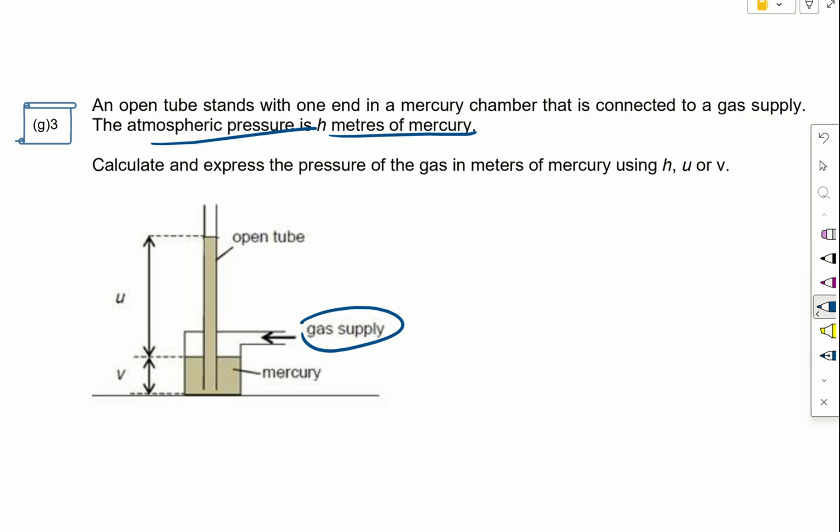If it's H meters of mercury, I can write P atm. The formula is rho g h, so I can just do rho g and H, whereby this is the density of mercury, this is our gravitational field strength, and this is the H meters of mercury.